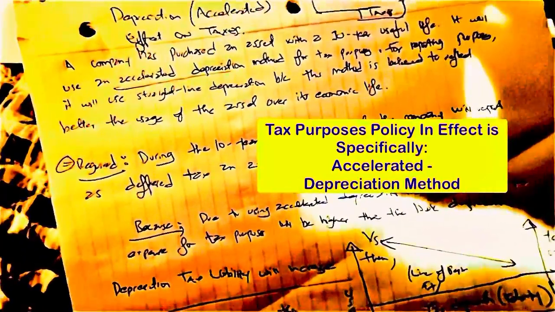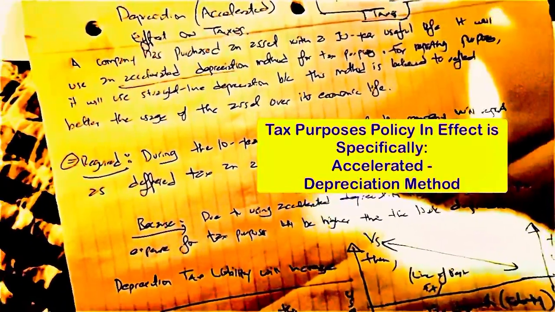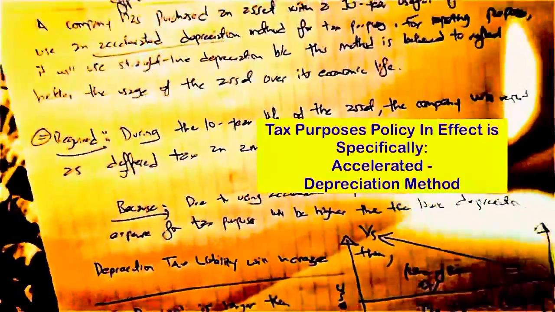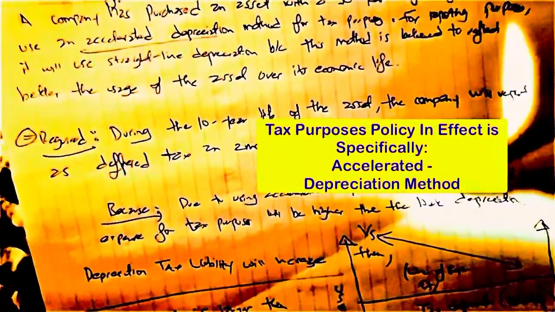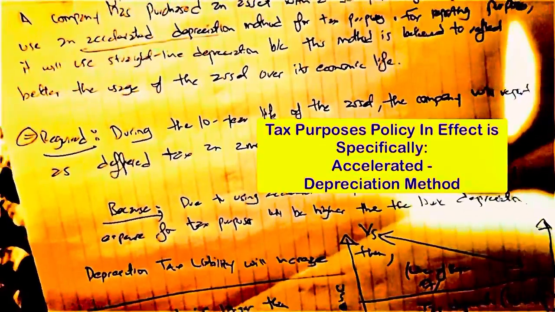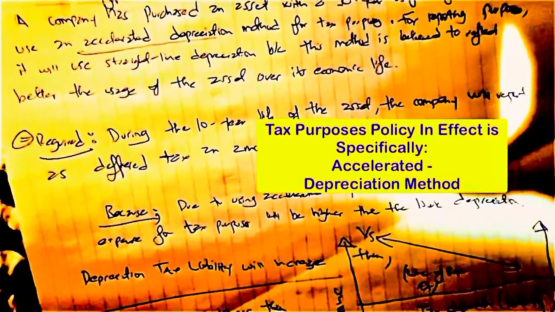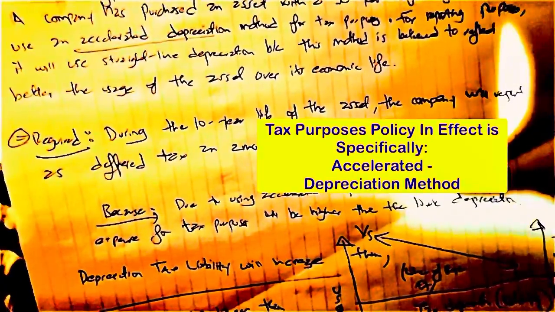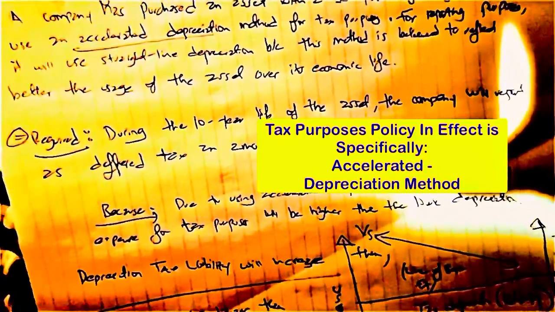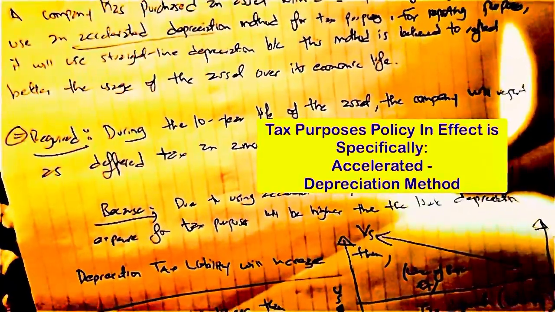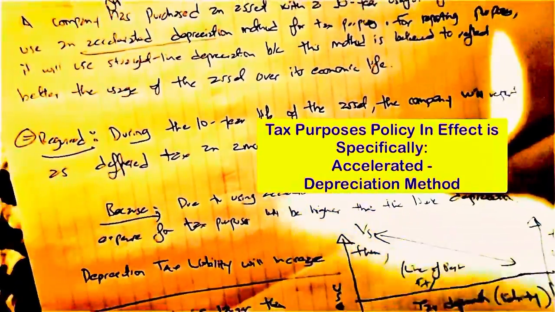But it is specifically talking about the other one, the accelerated method for tax purposes. So I did not read the question well. I should have focused on what is really being asked. That's why reading the required is really important. It was asking about the 10-year life of the asset, reporting as a deferred tax. Okay, get that right first.